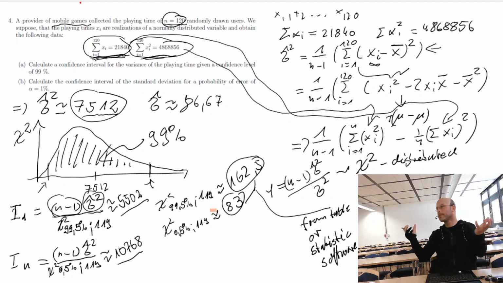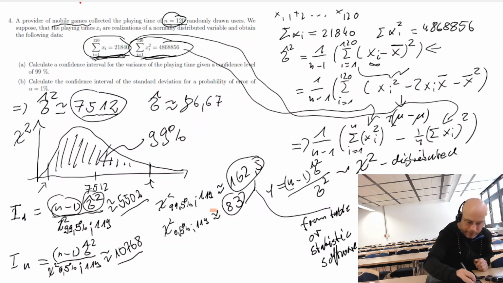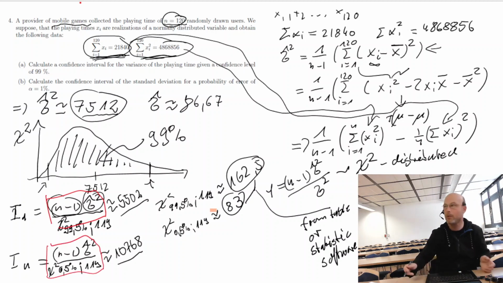So again, this formula for the upper and lower limit looks quite complicated because we have these Greek letters chi squared, and we have two indices, the alpha level and the number of degrees of freedom. But I think if you use this formula then it is always just putting in the numbers.